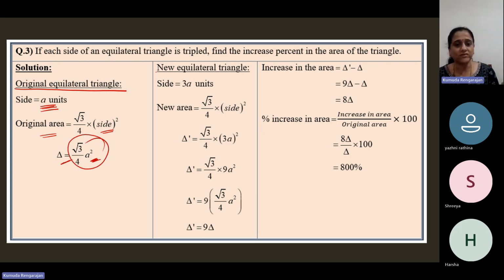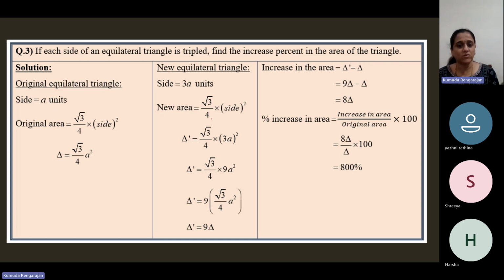Now about the new equilateral triangle, the side is 3A because tripled. The side is 3A, 3 times A. Now what's the new area? New area will be root 3 by 4 into new side square.